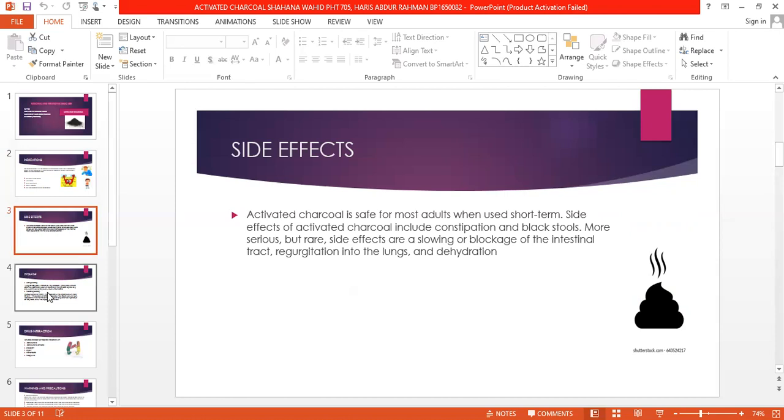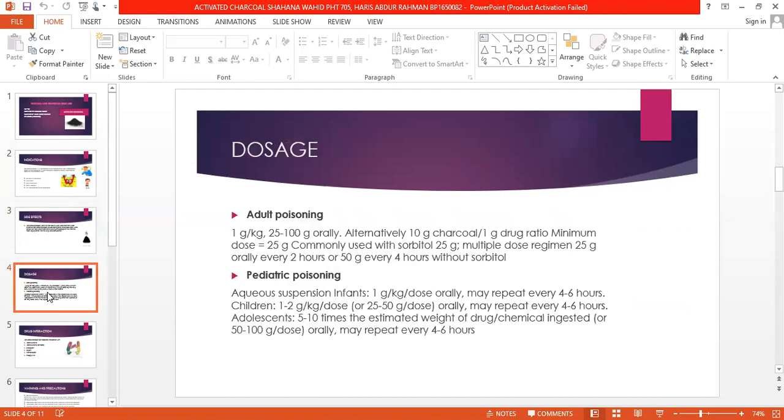As I've told you before, it is used as an antidote, so its dosage is stated below. For adults, the dosage is different, and for children, the dosage is different.